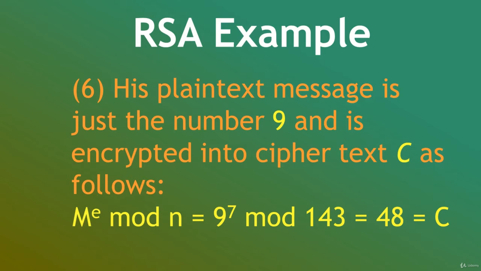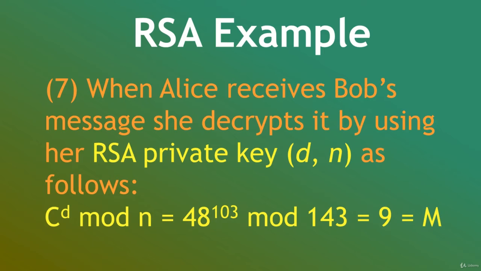Capital M to the e modulo n equals 9 to the 7 modulo 143, which equals 48, which equals capital C. Next, when Alice receives Bob's message, she decrypts it by using her RSA private key, small d and small n, as follows. Capital C to the d modulo n equals 48 to the 103 modulo 143, which equals 9, which equals M.